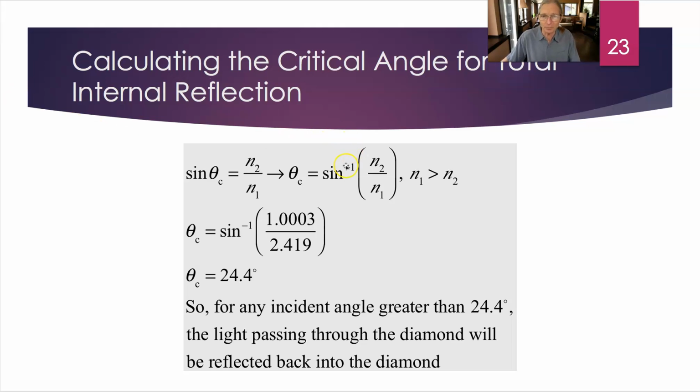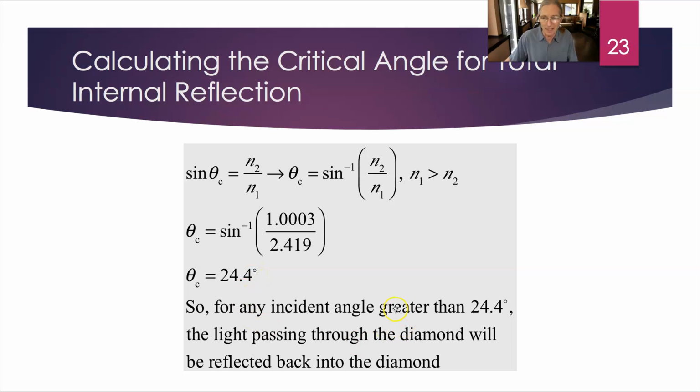Okay, so then just rearranging, we get theta equals the sine inverse of N2 over N1, and now we'll plug in our two indices of refraction, and it's always going to be the smaller over the greater. And when we do that, we get a critical angle of 24.4 degrees.